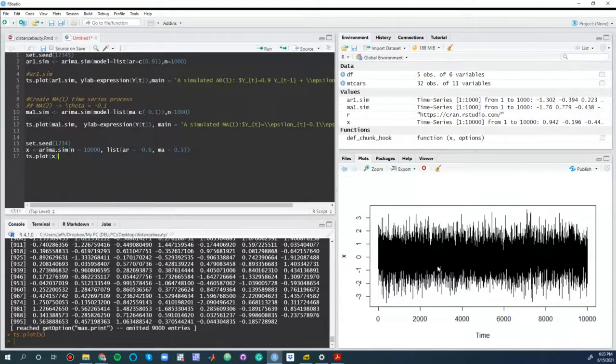There's no alpha naught in our model, right? I only have the coefficient on the AR(1) lag 1 period and the MA shock there. So I only have theta and alpha 1. I don't have alpha naught. So it looks like it's stationary, with the mean relatively close to 0.